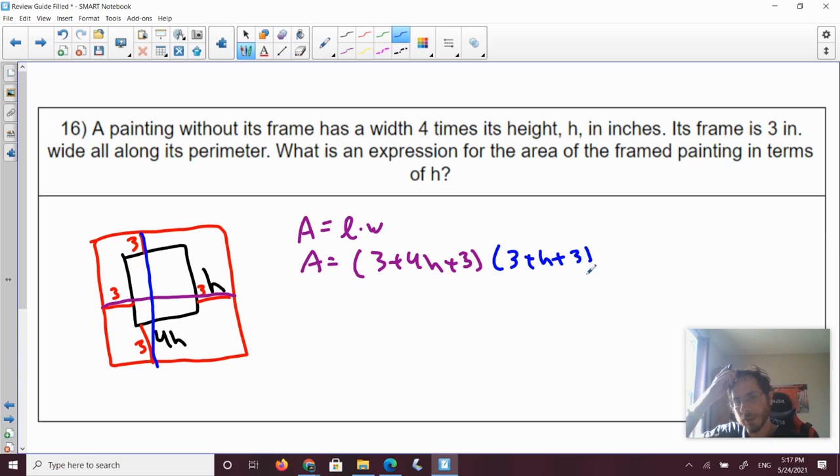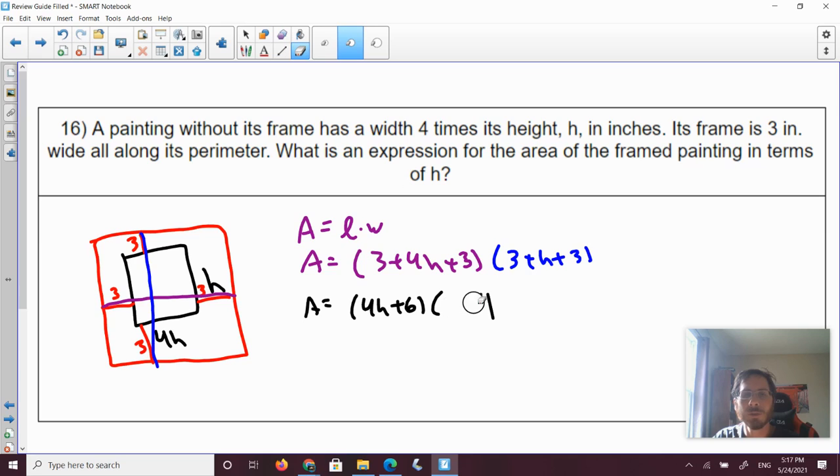So I'm going to add those together because they're all in a line. So that's going to give me an area of, well, 4h plus 6 times h plus 6. That did not work out as an h plus 6.